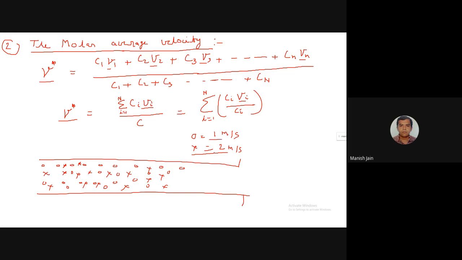But how will you measure how much concentration difference will occur? For that you first have to calculate the average velocity of the system. Suppose the concentrations are equal, 0.5 and 0.5 weight percent, then the average velocity is 1.5, and then you can calculate the diffusion velocity.